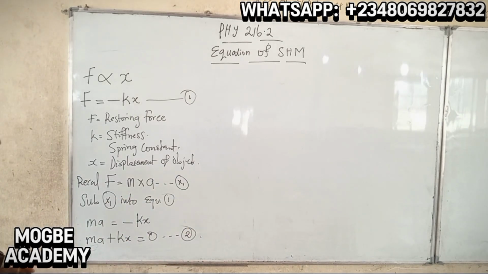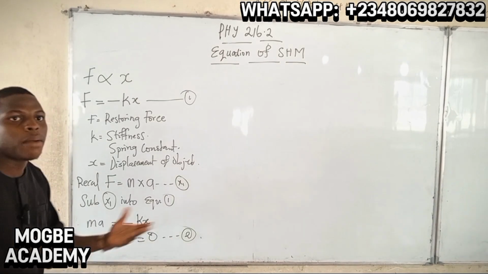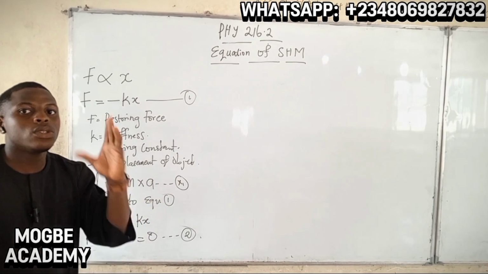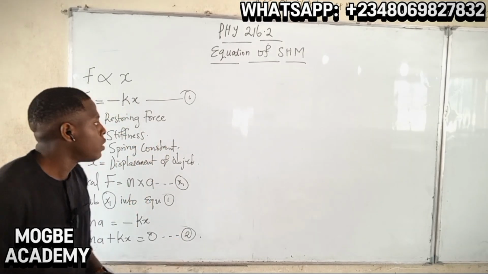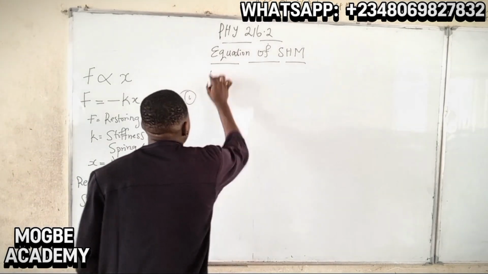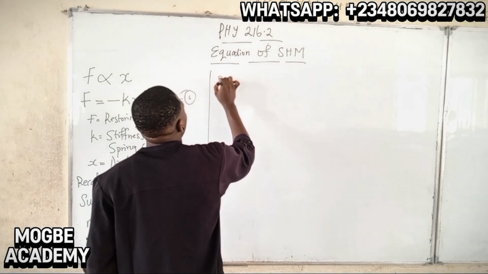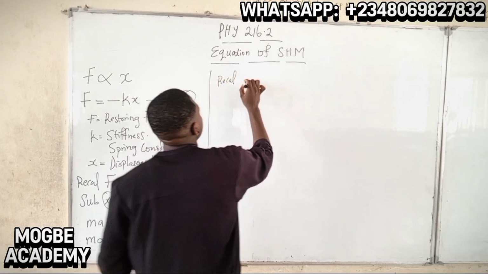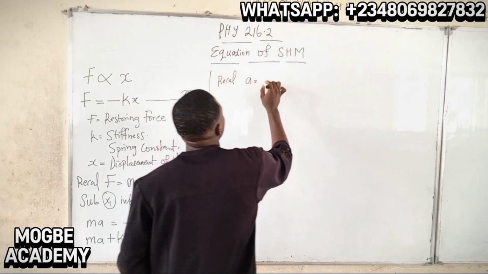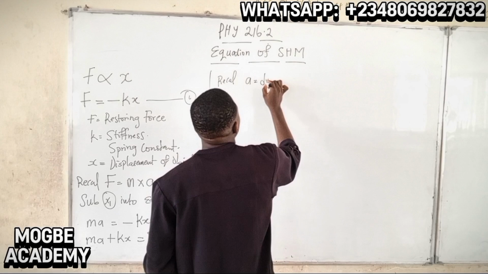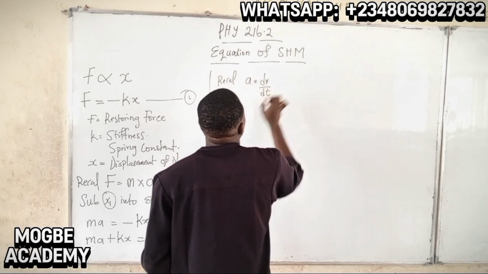Now, the next thing is we are seeing mass, and we are seeing acceleration. Acceleration is the parameter that constitutes velocity and time. Recall that acceleration is the change in velocity divided by change in time.